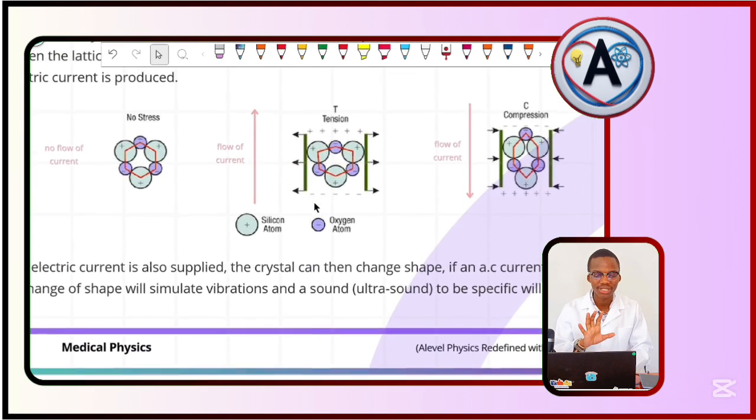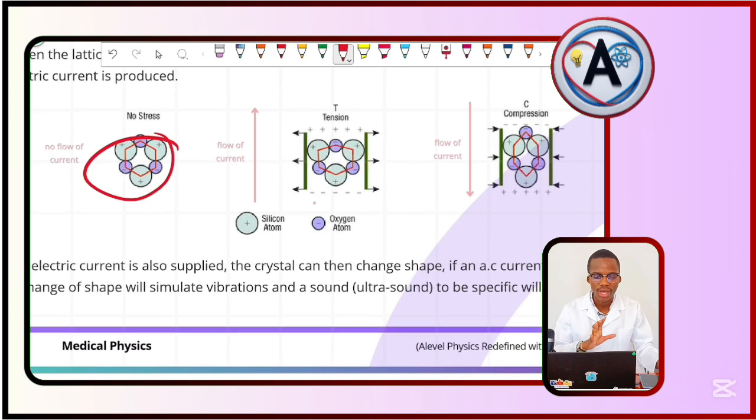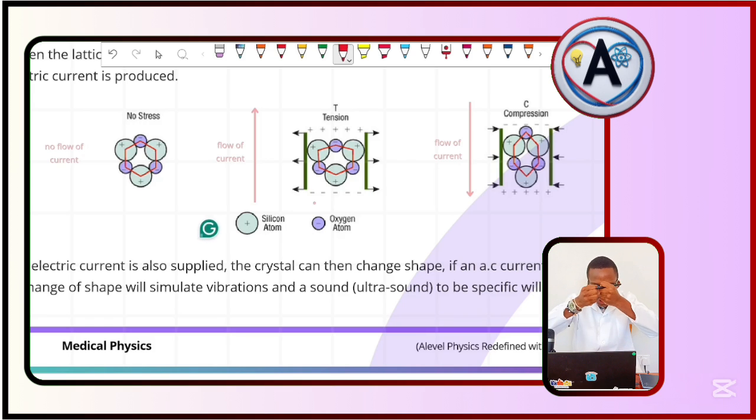So look at this particular diagram. Without stress, you have this particular structure of a quartz crystal, right? And then you're going to put it under tension. Tension is when you take that crystal and stretch it like this, right? So you can see that over here, I have 2 positive atoms at the top, and then I have 2 negative atoms at the bottom.